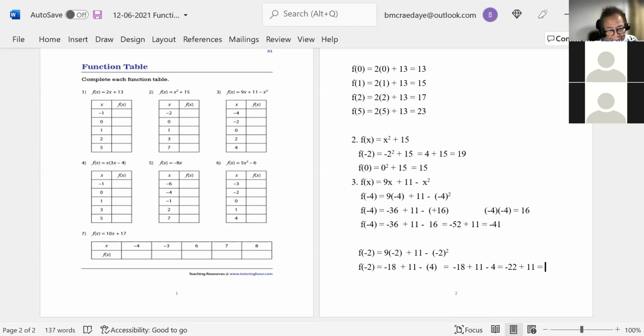You have more negative than positive. So if your negative number is bigger, then your sign would be negative. So it'd be minus 11. Yes, because you subtract 11 from 22 and you get 11.